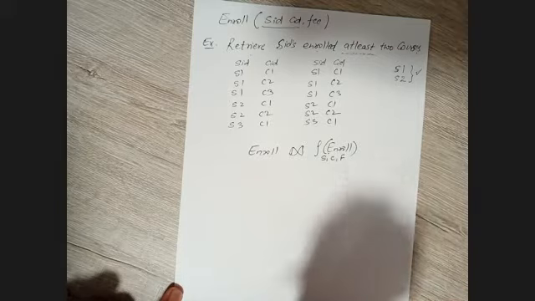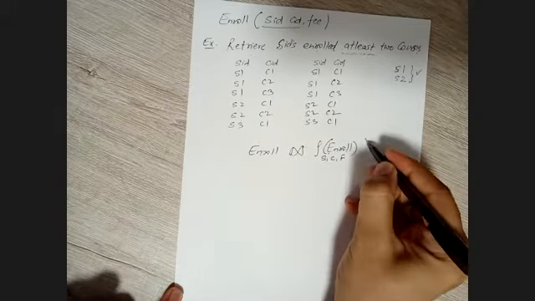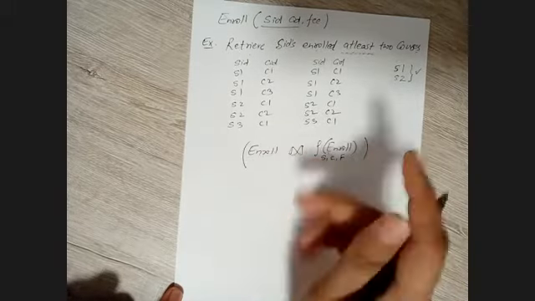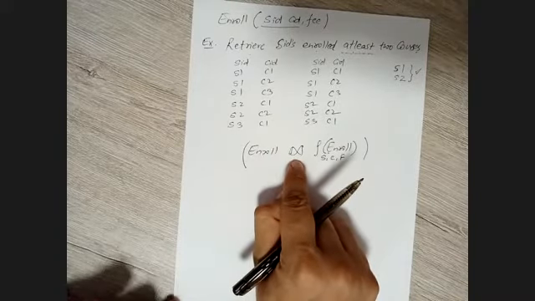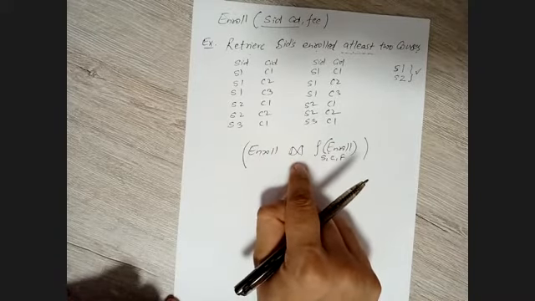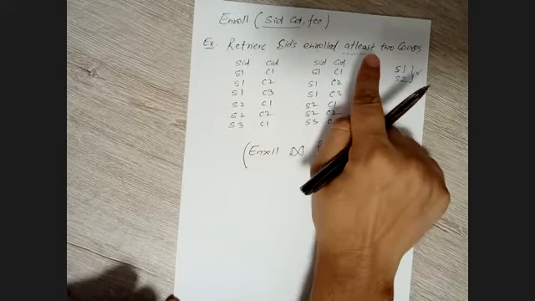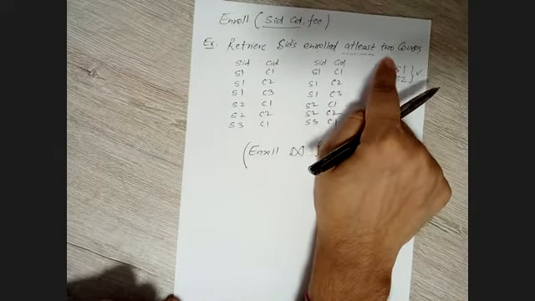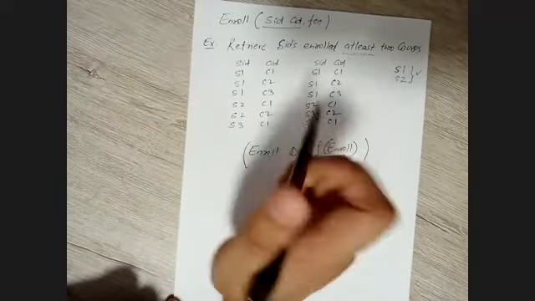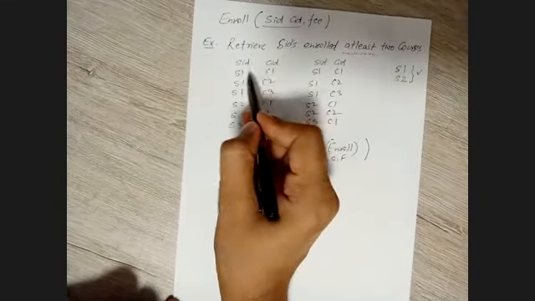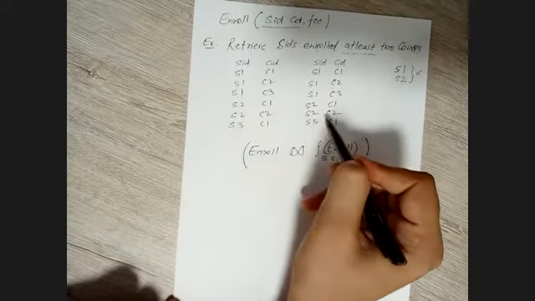This is a natural join, but we need to have some condition here. What should be the condition to find at least two courses? I will compare each and every row of this with every other row.